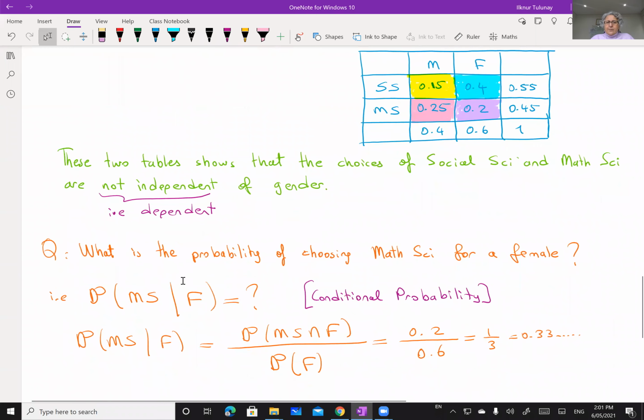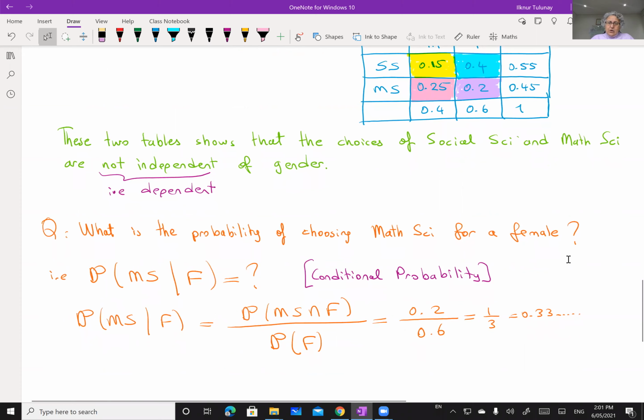We will learn it later. What is the probability of choosing math science for a female? Now, this is an example of a conditional probability. So choosing math science, that is the probability of MS, given F, that's for a female.